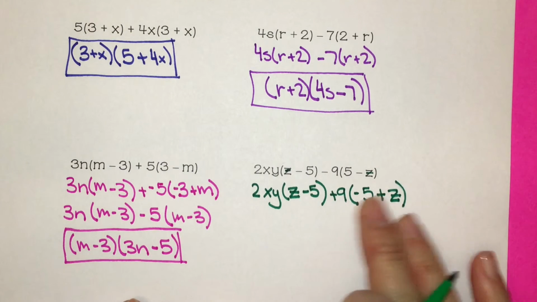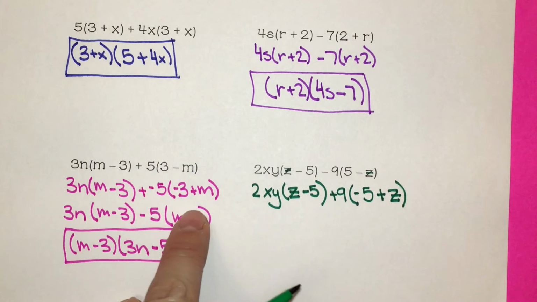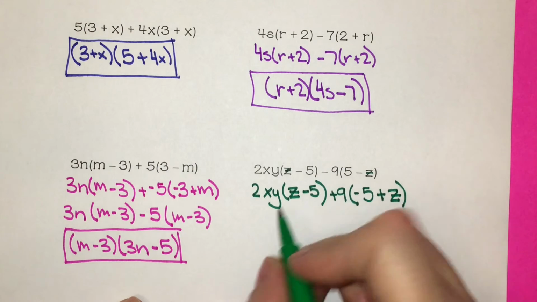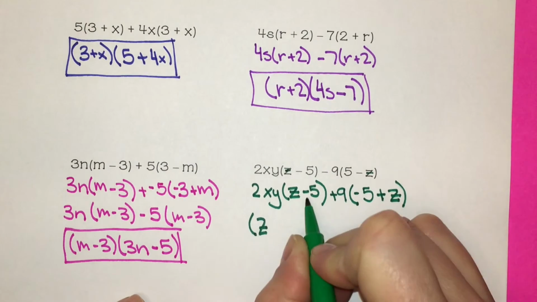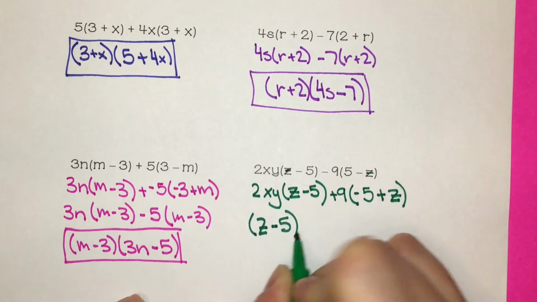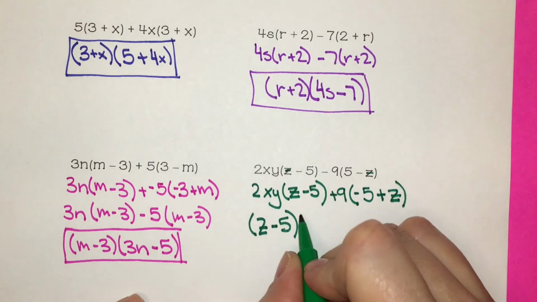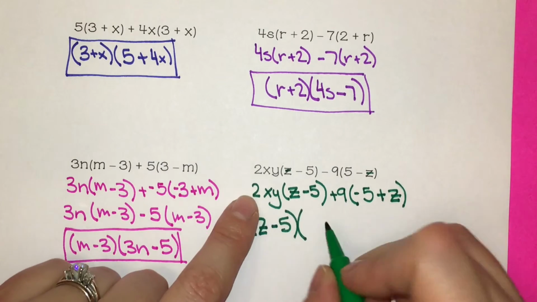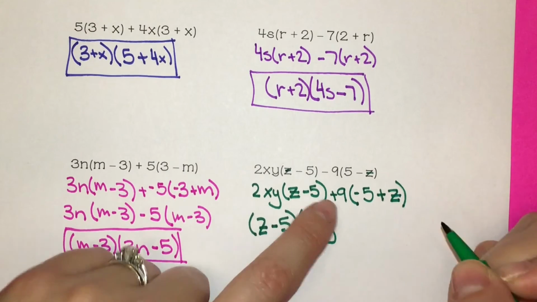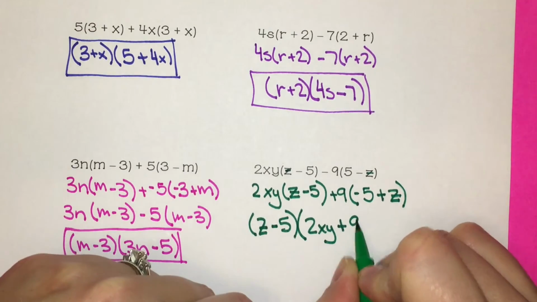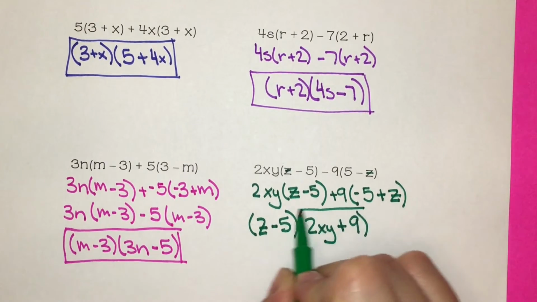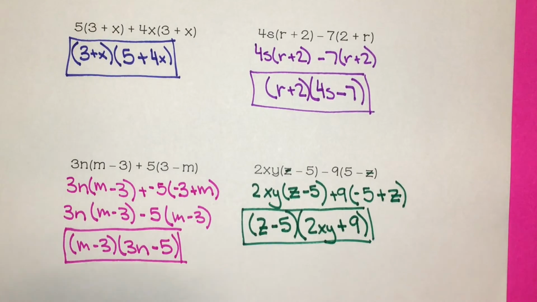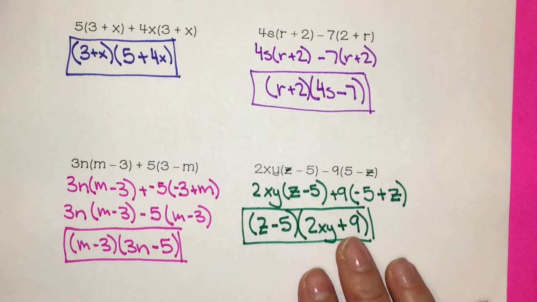Okay, so you can see that these are the same thing. You can rewrite it, or you can just say, well, in both of them, I have a positive z and a -5, so z minus 5. And what's left over? Well, this was multiplied by 2xy plus 9. That is my answer.